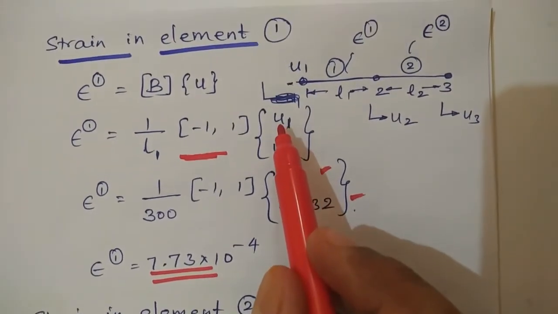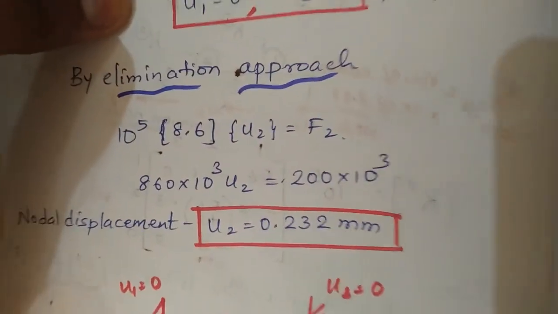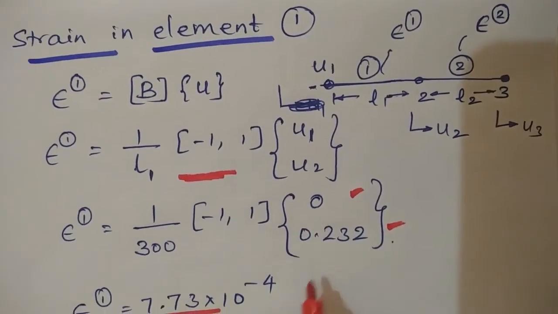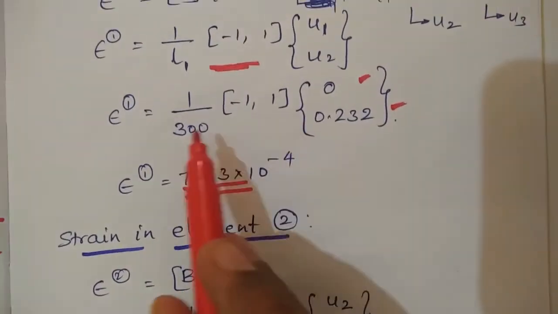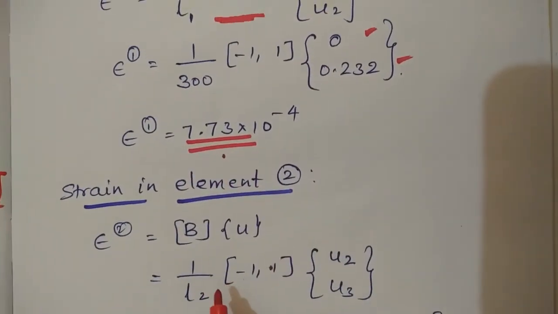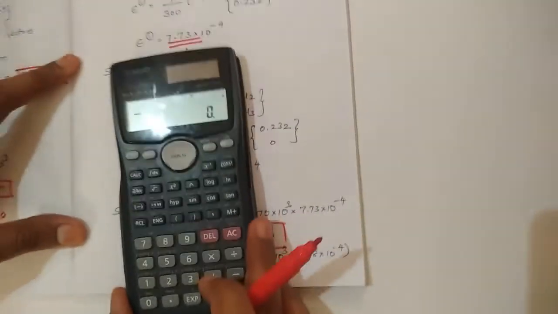So you see U1 is 0, U2 you just found as 0.232 millimeters. Substitute here 0.232 millimeters. So 1 by 300 into minus 1 comma 1. Simplify, just matrix multiplication will get you 7.73 into 10 raised to minus 4. I will look into it once again. I will demonstrate.